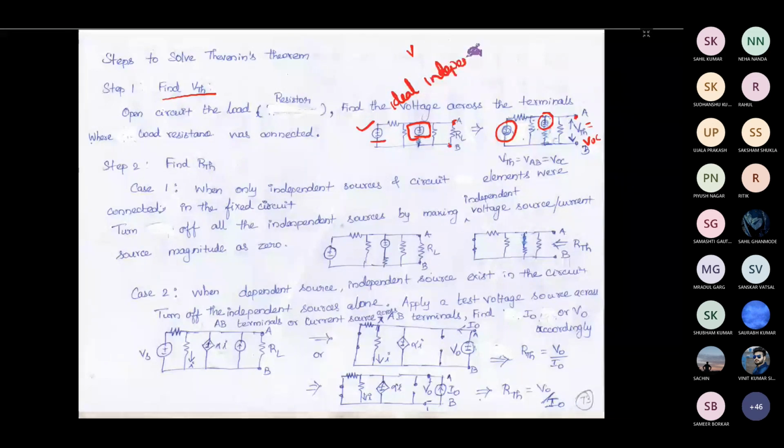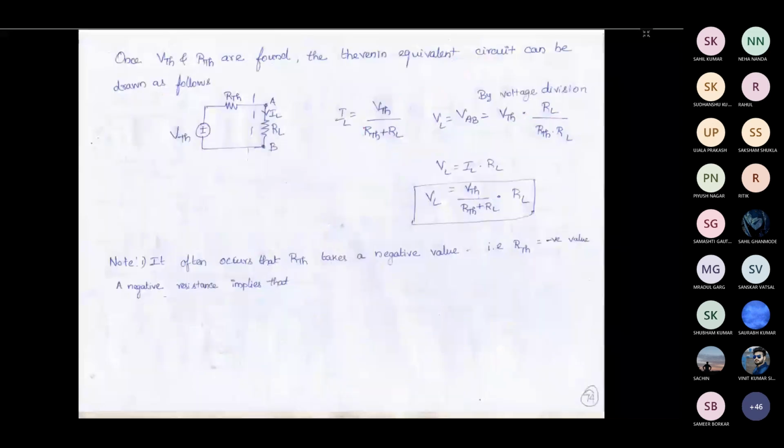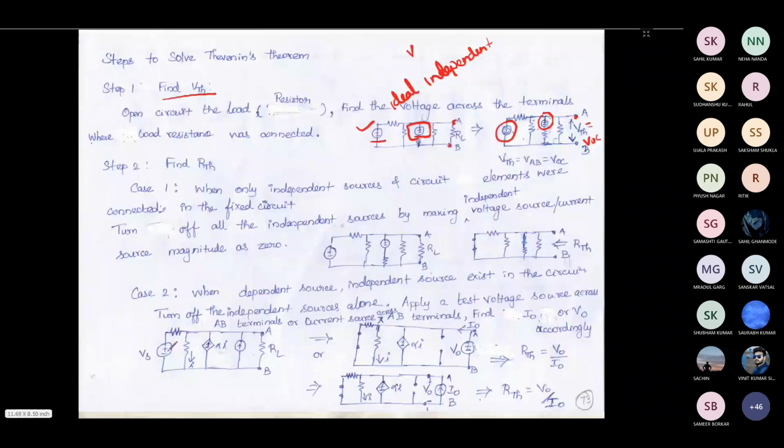In that case, you can just remove the load resistance and find the voltage across the load resistance terminals A and B. And the second case is when you have both independent voltage sources and dependent voltage sources.